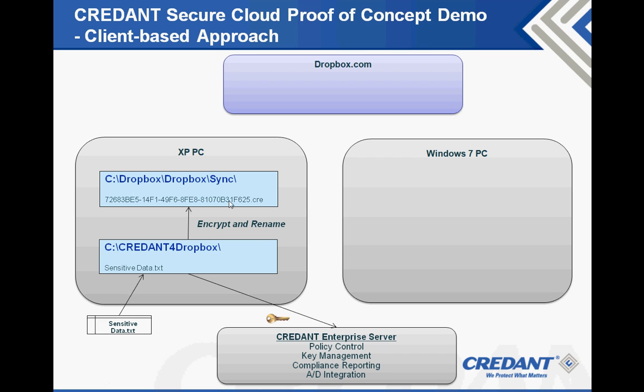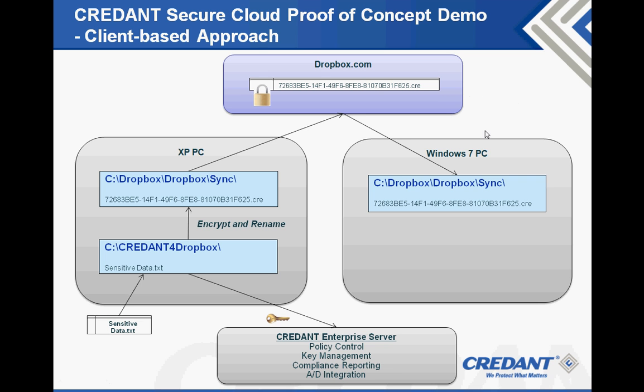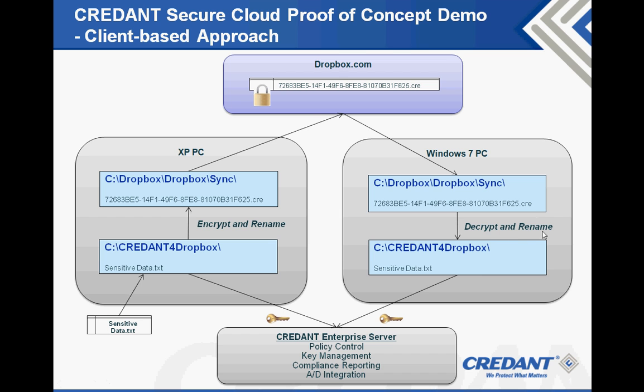The file will also be renamed and moved into the Dropbox sync folder, where Dropbox will then sync it, of course, to its service, so it has securely been stored in the cloud. Then we'll see the Dropbox client on the Windows 7 machine sync that down, and that file will then be noticed by the CREDANT security client on the Windows 7 machine, where it'll be decrypted and renamed back into our CREDANT for Dropbox folder using the same key that we have used in the first PC to do the encryption.